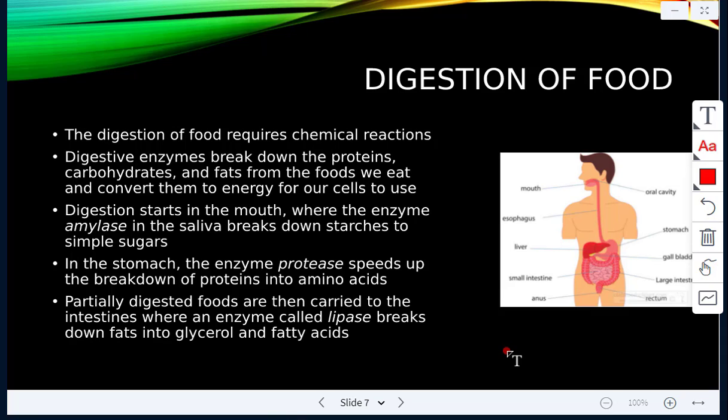It'll start breaking down the starches into sugars right away. So sometimes food will start tasting sweeter, because the saliva is breaking down starches into sugars in the mouth.